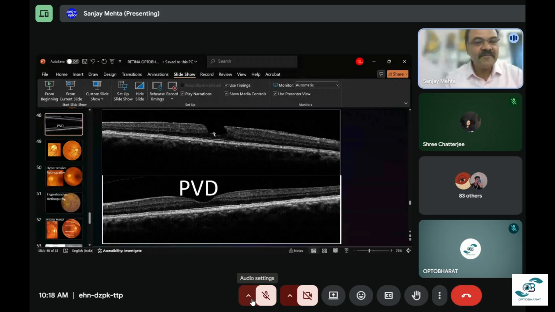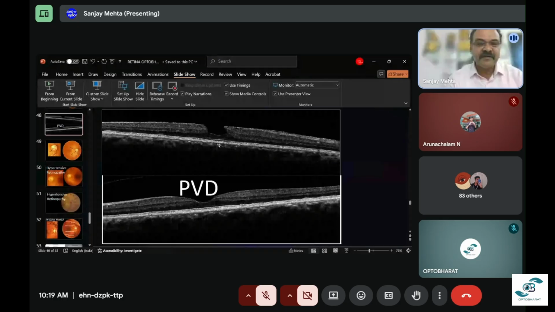Yes, sir. So here you can see the macula, there are 10 layers here. What happens here is only the top 4, 5 layers are getting damaged, and here you can see it is not a full thickness hole. If it is a full thickness hole, vision will go for a toss.